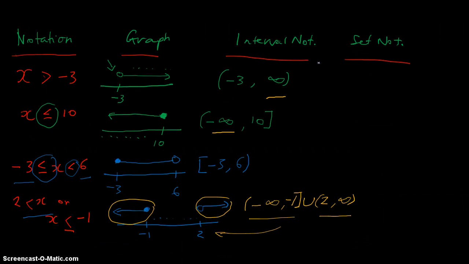So this might get a bit tricky, but the way we represent this is we need to write curly brackets. Okay, x, the value of x is an element of all real numbers such that x is greater than minus 3.